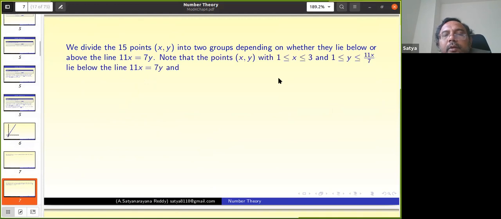So note the points (x, y), 1 less than or equal to x less than or equal to 3, and y. Now y value depends upon x. Once I fix x, what are the possible y's? Once I fix x, y changing means how I am moving. Are you able to see that?